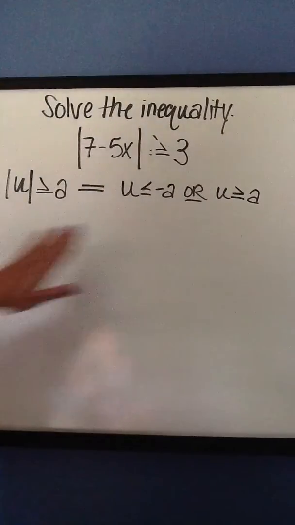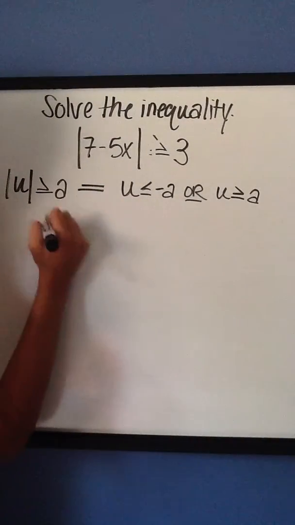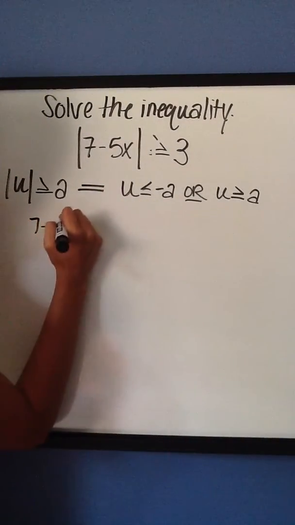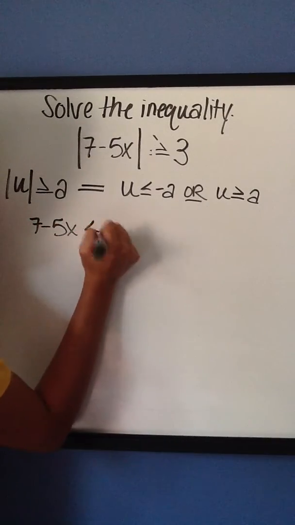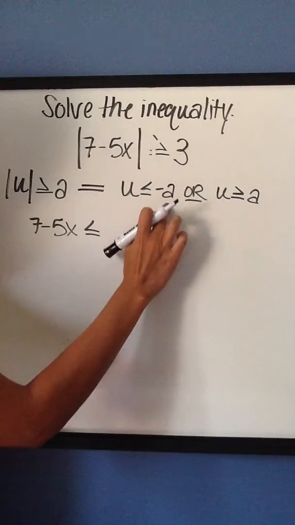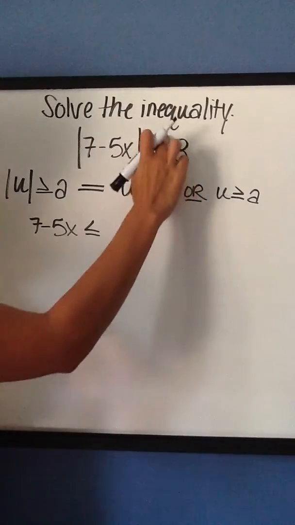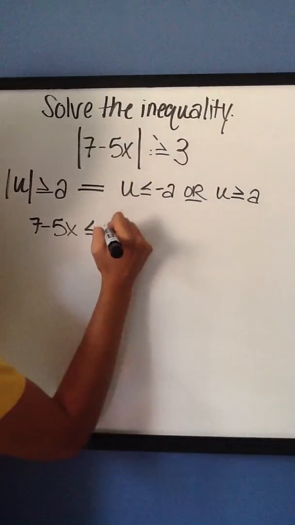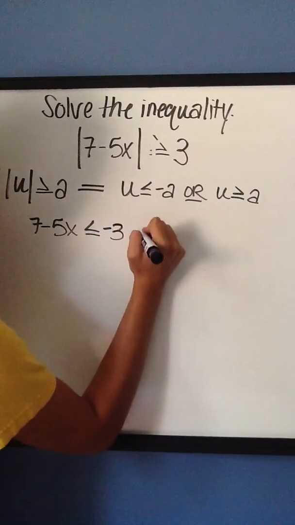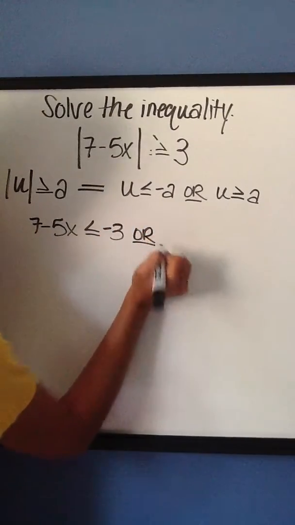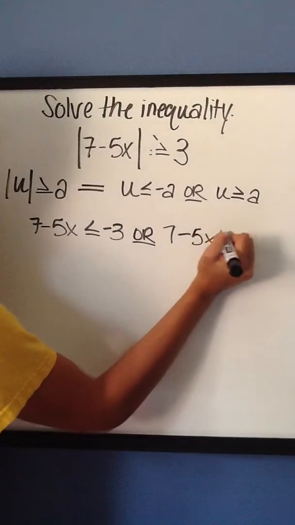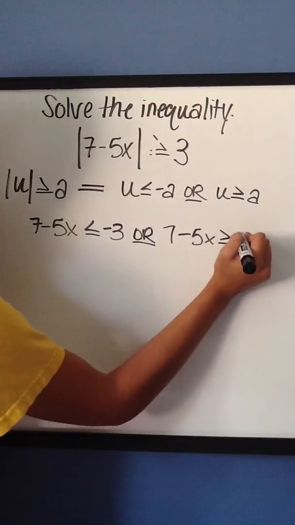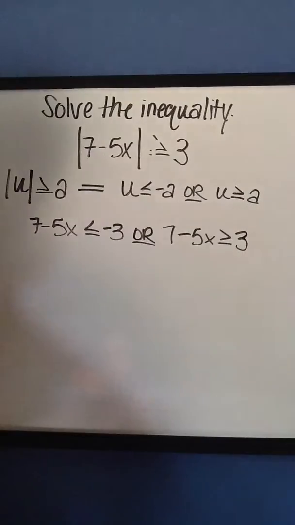So based on this statement, we're going to set up ours. So 7 minus 5x is less than or equal to the opposite of a. So our opposite of a would be the opposite of 3, which is negative 3. Or, here's our or statement, 7 minus 5x is greater than or equal to a, which is 3.